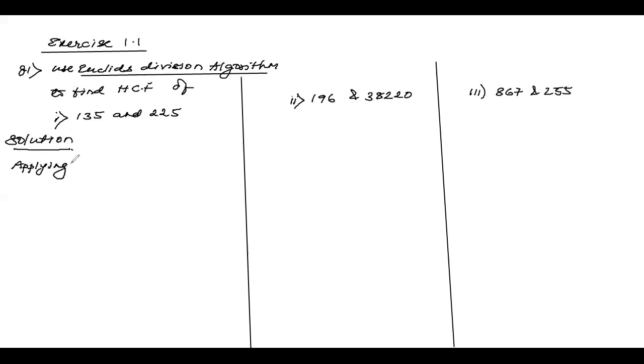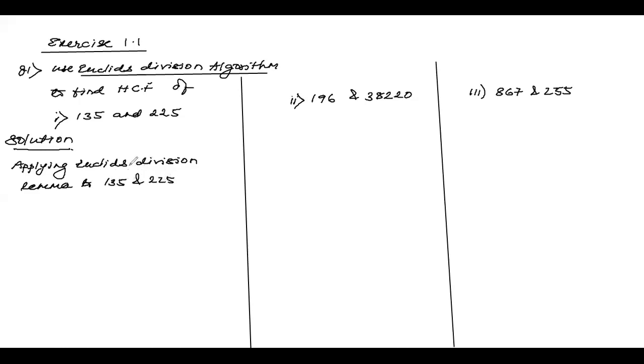Applying Euclid's division lemma to 135 and 225. So in that, which is a bigger number beta?